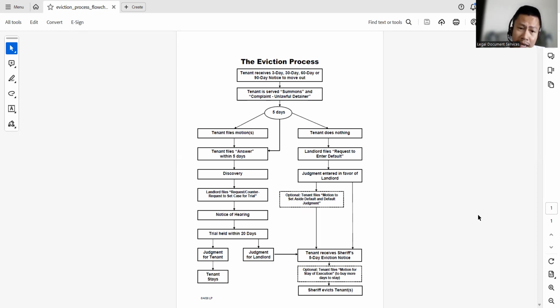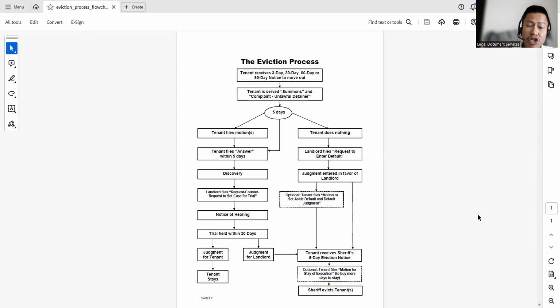Okay. And then after the discovery process, the landlord would file the request or counter request to set the case for trial. And then the court would issue the notice of hearing. And then the trial would be held within 20 days. In the trial, if the judgment is for the tenant, the tenant stays.